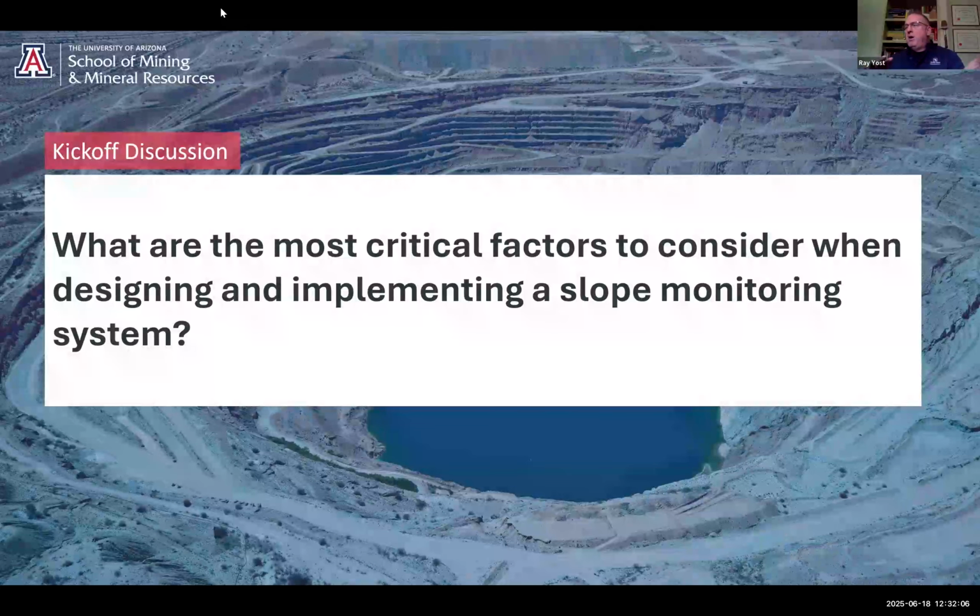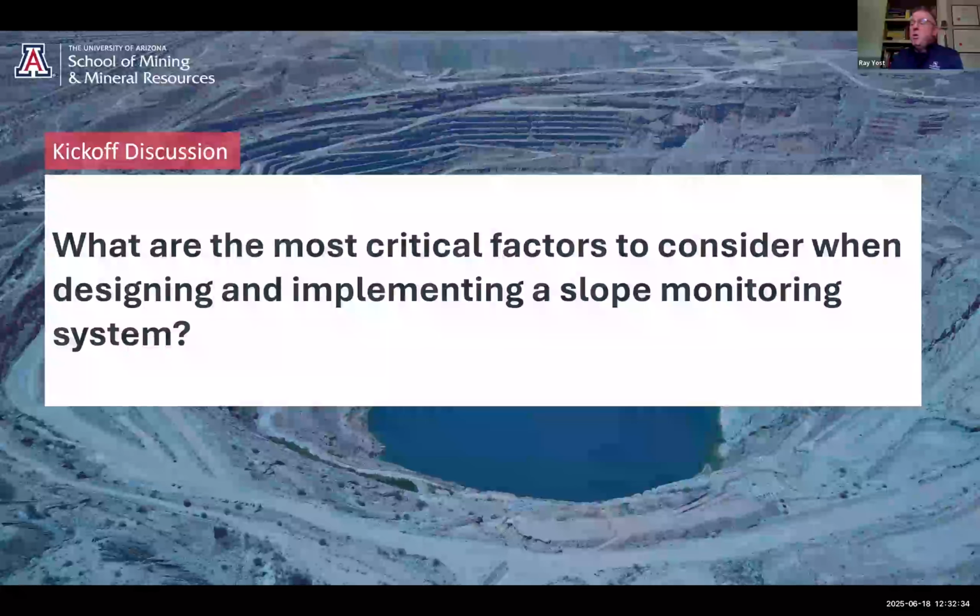Can I get away with monitoring with just prisms, or prisms and some other redundancy to my system? So a lot of it is thinking about, and I think Zip touched on this a little bit, not just the system that you're going to put in place, but how you're going to run it and what you're going to get out of it, and the ability to actually use all this data in a meaningful way. What's the point of having a radar if you're not using the capabilities of the radar? Put something simpler in there that you might actually use a bit more.